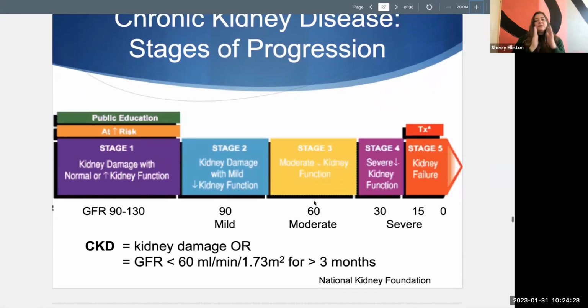So again, the goal is to stop the progression of patients from stage 1 to 2, 2 to 3, 3 to 4. If we can get patients at the very early stage of stage 1, where the GFR is starting to decrease a little bit, that's a great time to go see a dietitian, someone who specializes in these kinds of MNT management.